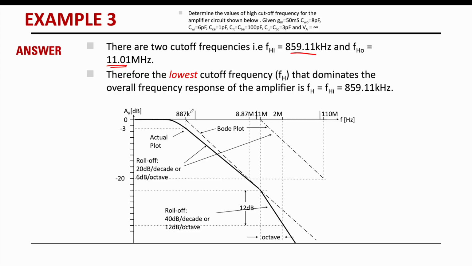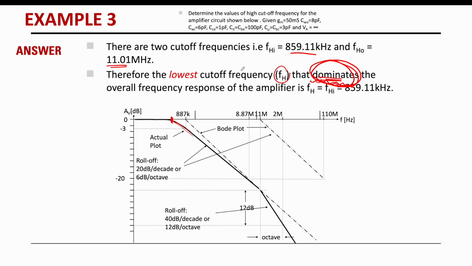Okay, usually the question will ask, which cut-off frequency FH dominates? What it means by dominates here is the one that will make a reduction, where your gain will reduce. For cut-off frequency, higher frequency is opposite to lower frequency.